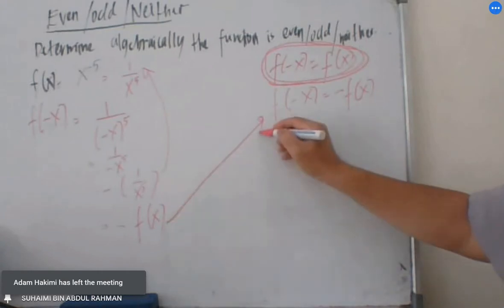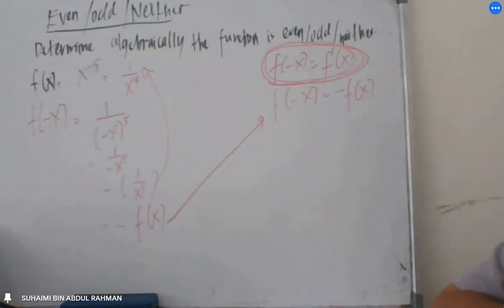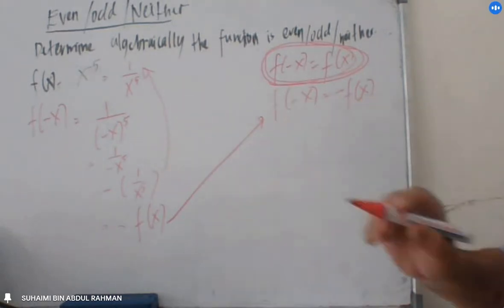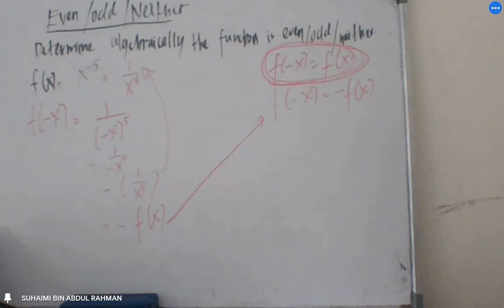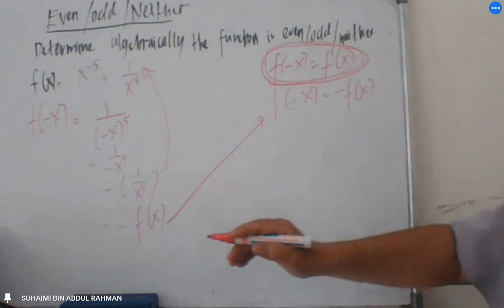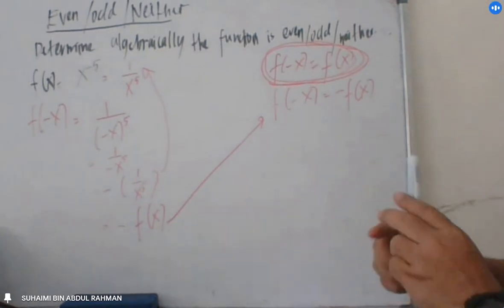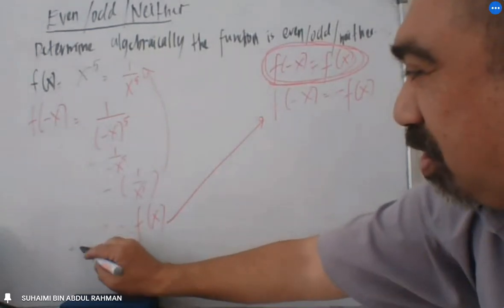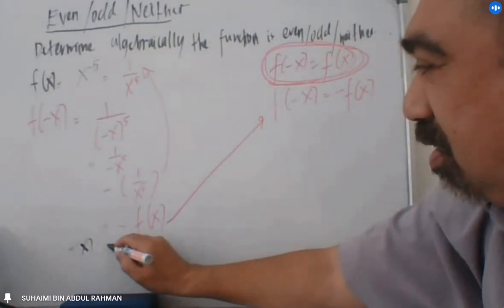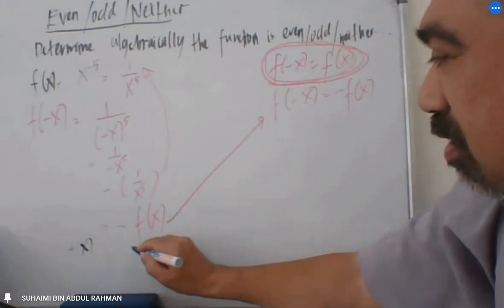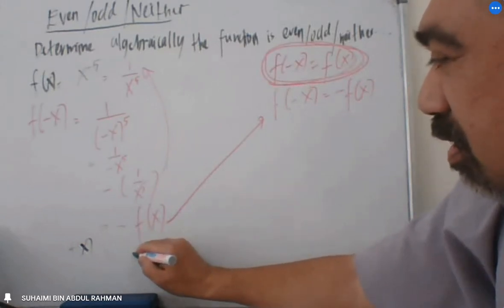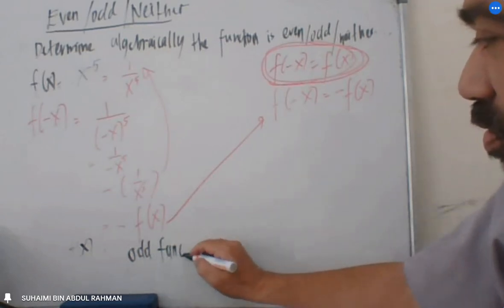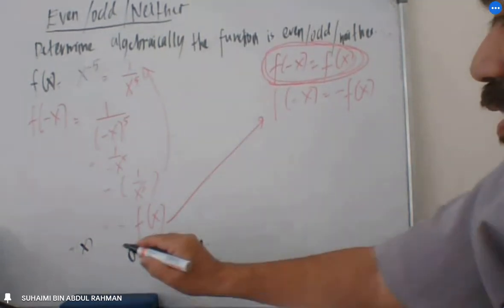Meaning that f of minus x is equal to minus f of x. What conclusion can we make? Our function is an odd function.